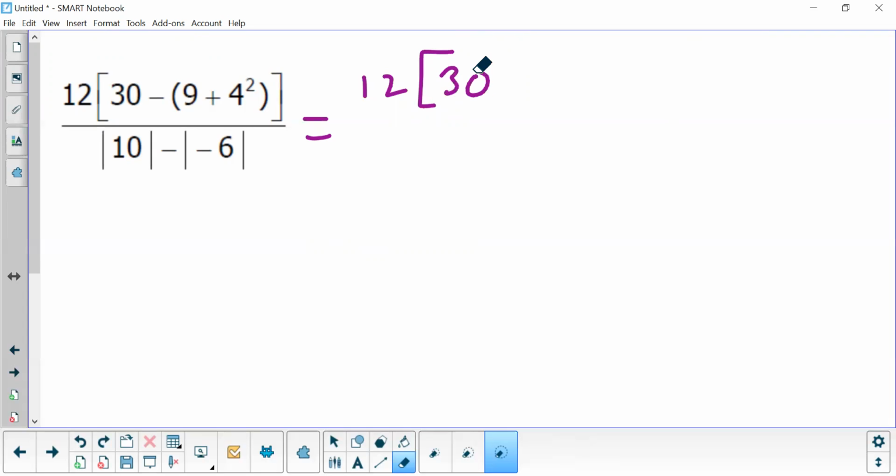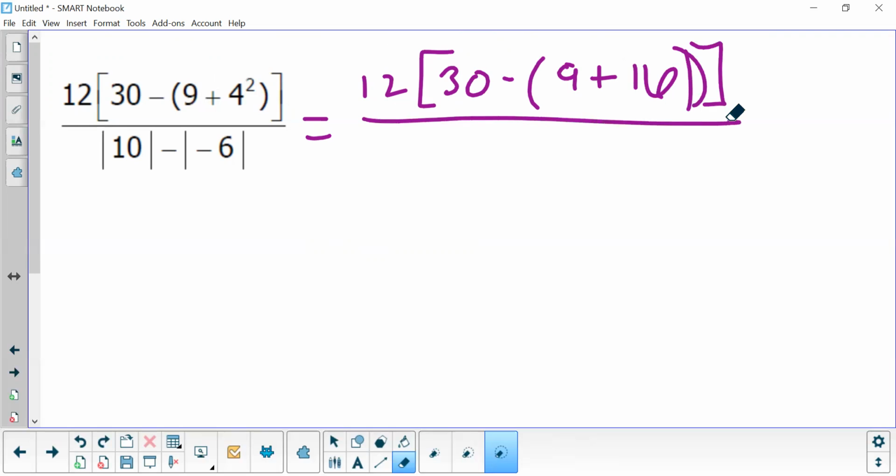So I have the 30 that will be carried over after I simplify these inner parentheses. And then inside those parentheses, I have an exponent. So 4 squared is 16. Divided by absolute value of 10 is 10, minus the absolute value of negative 6, which is 6.